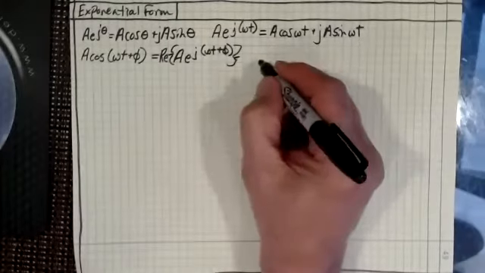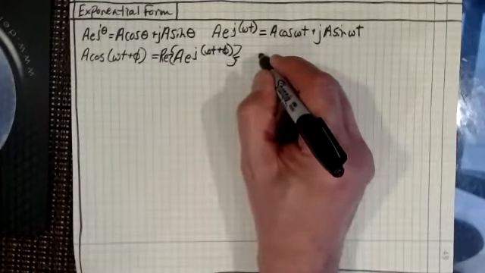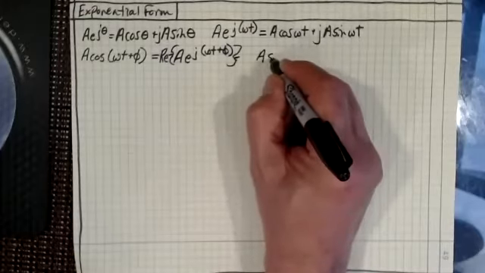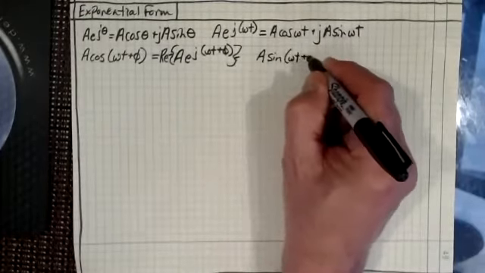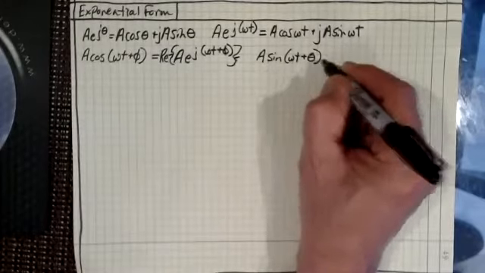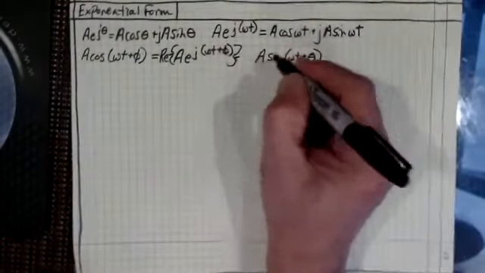Now what if instead I had something like A times the sine of omega t plus theta, right? What if I had something like that?